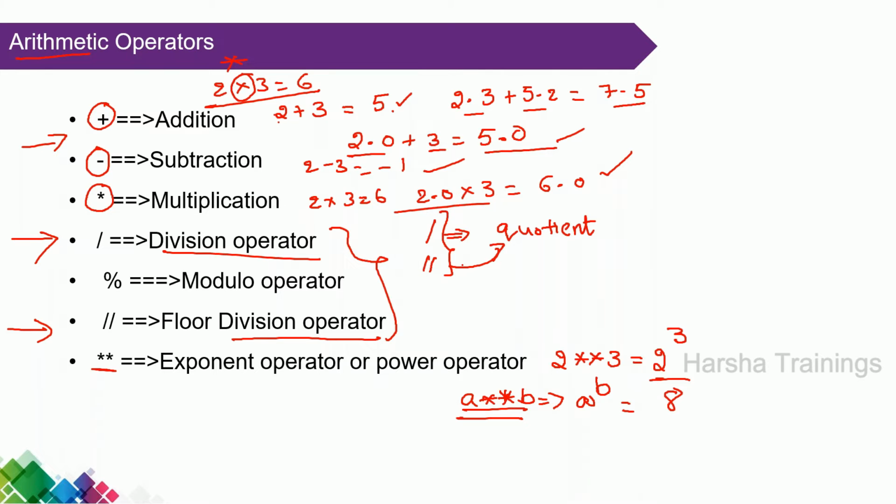And percentage, this is the symbol, it is called modulo division. The result of the modulo division is remainder.